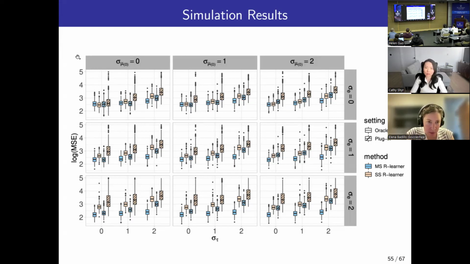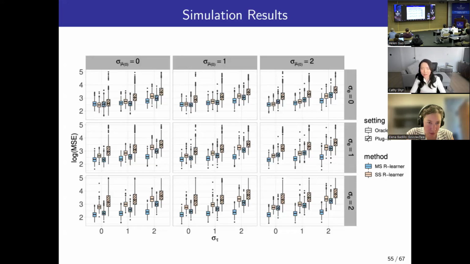Overall, as between study heterogeneity in these three sources increased, so if we move laterally from left to right, top to bottom, either individually or in combination, so if we go diagonally across, the multi-study R-learner generally had better performance as between study heterogeneity increased.